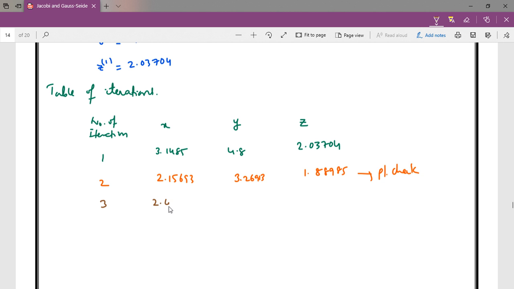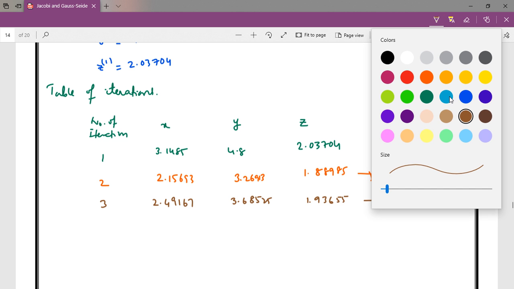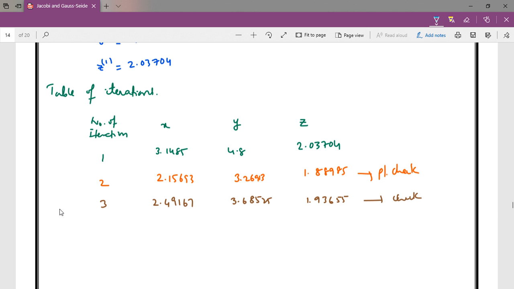Third iteration, this is going to be 2.49167, and this is 3.68525, and z value will be 1.93655. So please check, because I will not be doing it in detail.